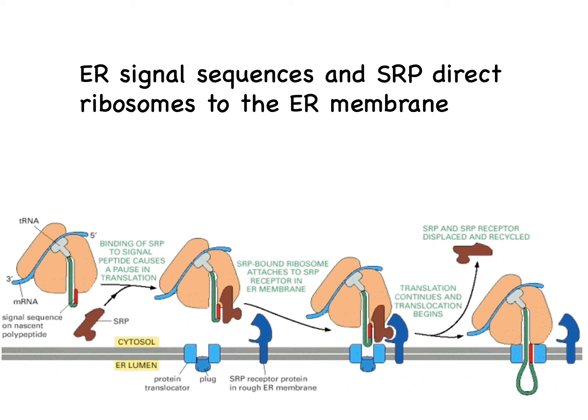The SRP, or recognition protein, recognizes that red sequence, binds to it, and then brings it over, docks to a receptor on the surface, which then brings the whole complex to the translocator, and the polypeptide can then be pushed through the membrane of the ER. Again, this, unlike transport into the mitochondria, does not require any additional energy other than the energy needed to synthesize the polypeptide.